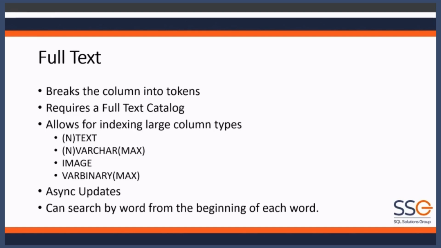I could search for solutions. I could search for SOL and a wildcard, and it would find it. I could search for GRO and a wildcard, and it would find it. What I couldn't do is search for ARD, which is the end of my first name, with a wildcard. It just won't search for it. You have to search from the beginning of the word.